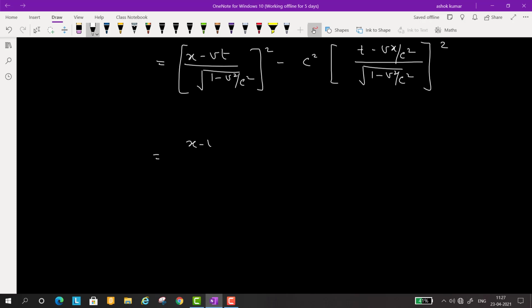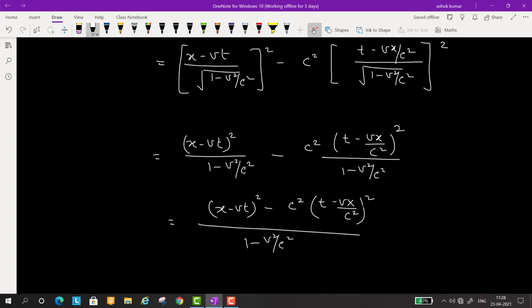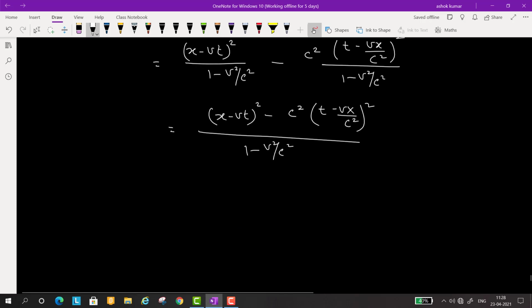So it is x minus vt whole square, divided by 1 minus v square upon c square, minus c square into t minus vx upon c square whole square, divided by 1 minus v square upon c square. So take the LCM and solve this.